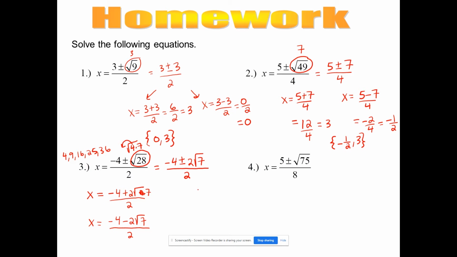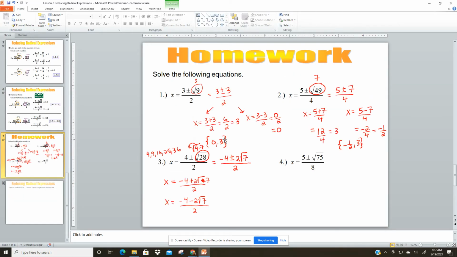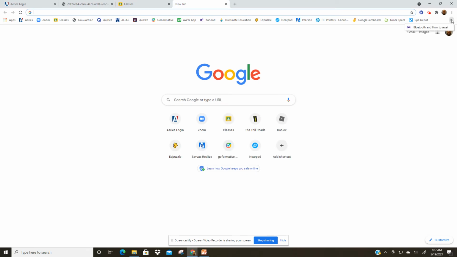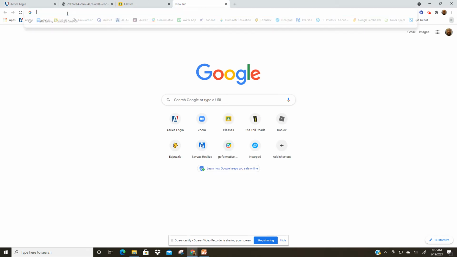I don't know if I'll be able to. Maybe I'll keep it. Let's see what happens if I keep it. Okay, there we go. So now let's go to Desmos. Let's see if I got a Desmos calculator on there. No, I don't.